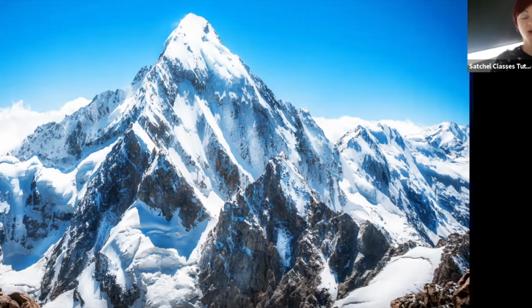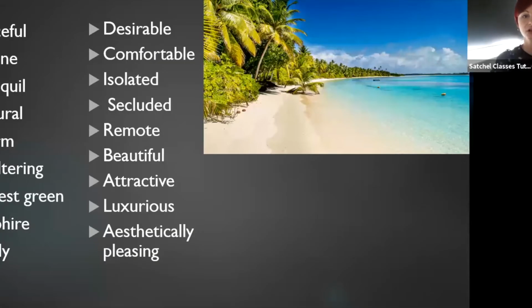So welcome back. I will share with you some of the adjectives that I've put together for these two images. So for the first one then: peaceful, but also serene, tranquil, natural, warm, sweltering, forest green, but also sapphire for the sea, sandy, desirable, comfortable, isolated, but also secluded and quite remote, beautiful, attractive, luxurious, but also aesthetically pleasing.